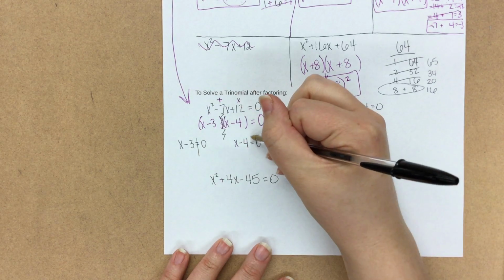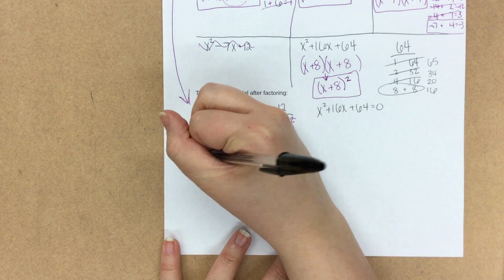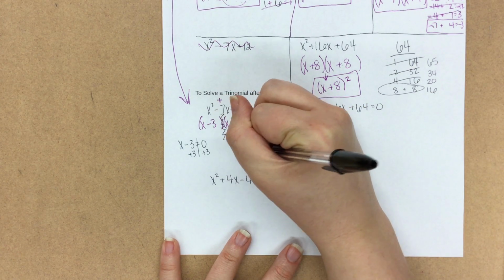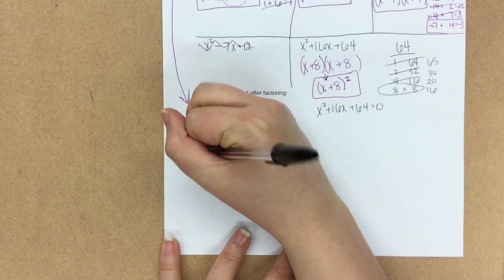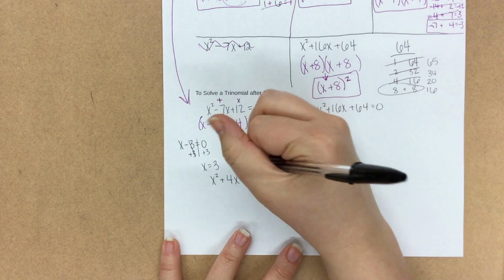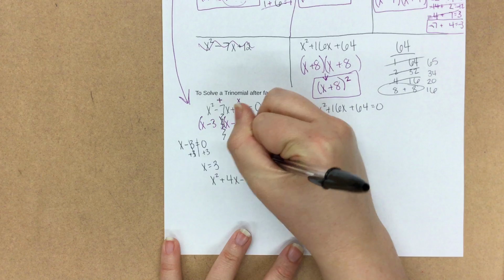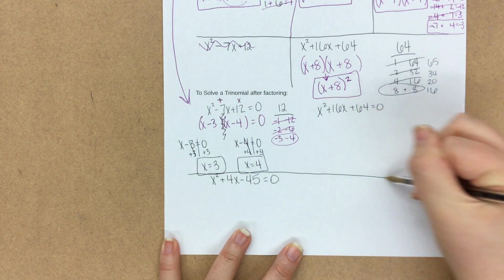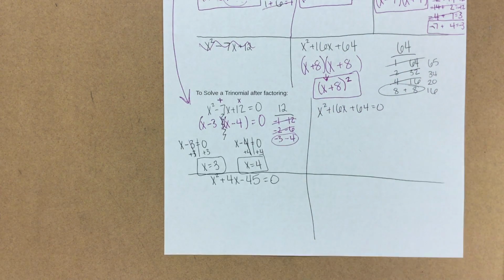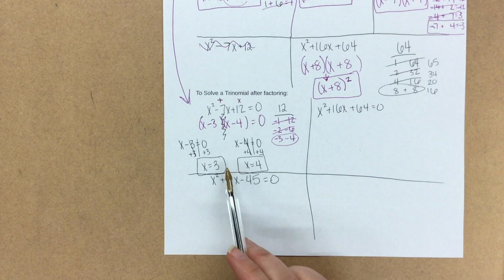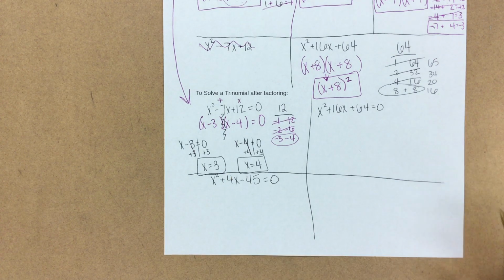If I solve each one by adding 3 to the other side over here and adding 4 to the other side over here, I end up with x equals 3 and x equals 4. So then these are my two solutions. These are the two spots where my graph is crossing the x-axis.